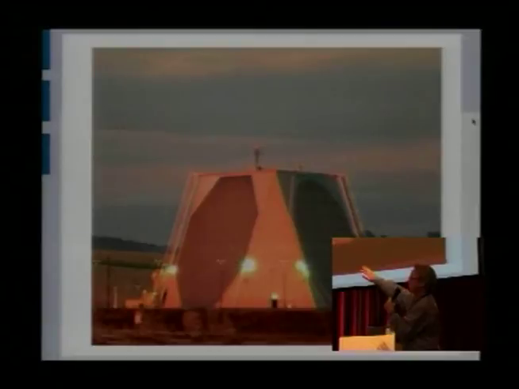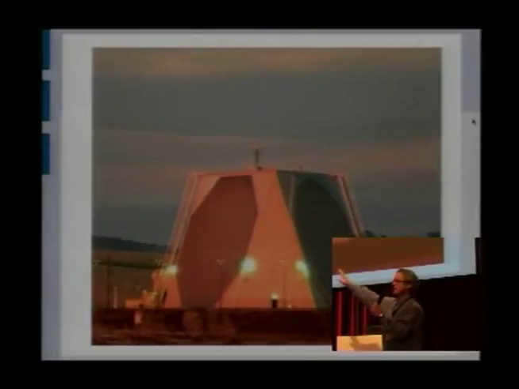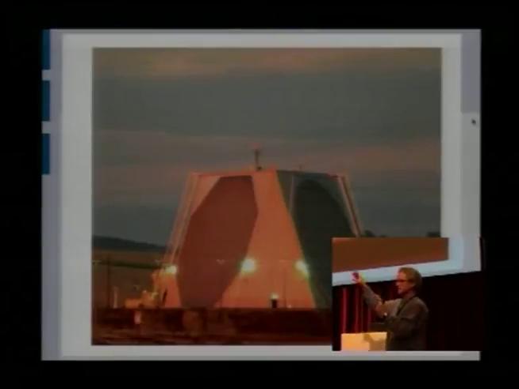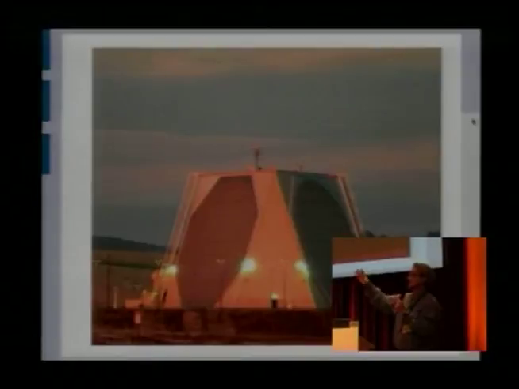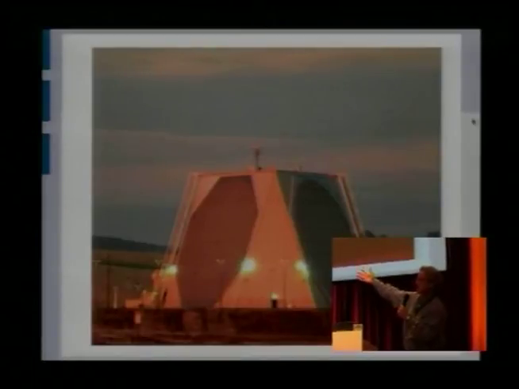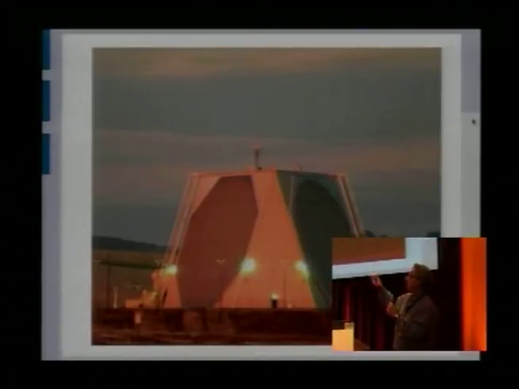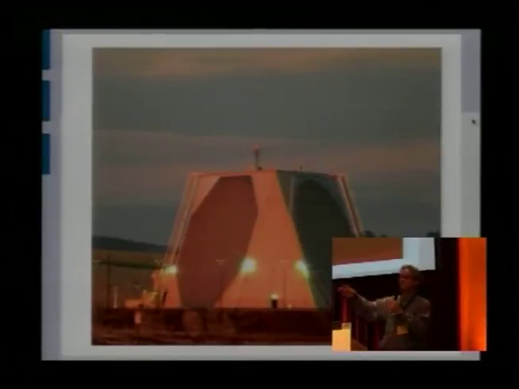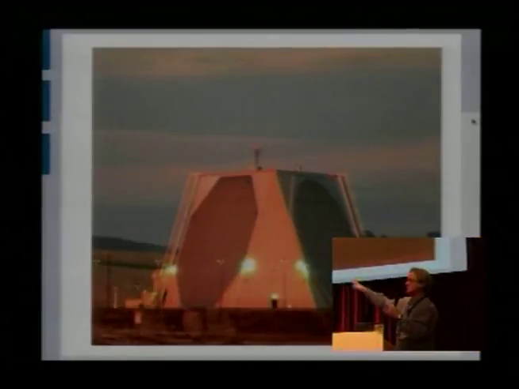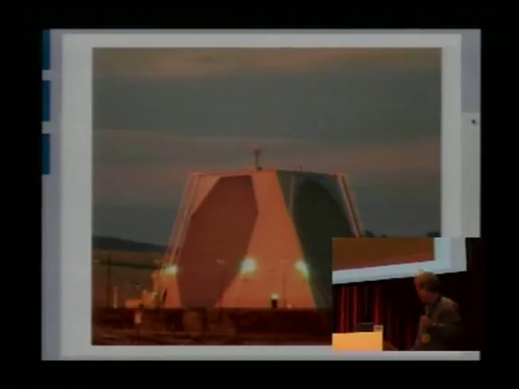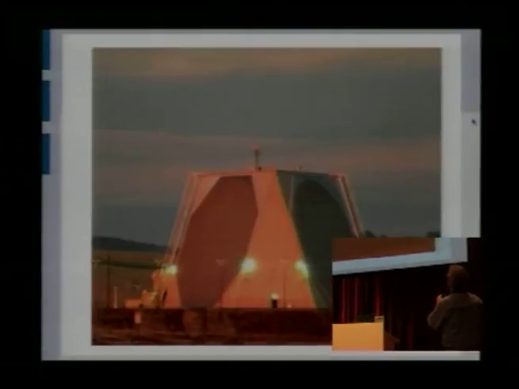Each of these big panels has about 3,000 separate antennas with transmitters and receivers behind them, and each element is about 300 watts. This is why they're called phased arrays: by changing the phase, basically the timing and angle of what you send to each element, you can steer the beam around. So even though there's no mechanical movement, they can sweep the beam around. There's two of these that I know of in the US, one on the East Coast and one on the West Coast.